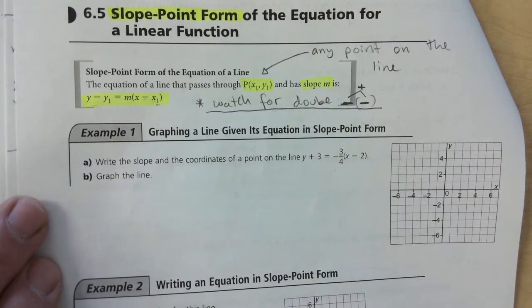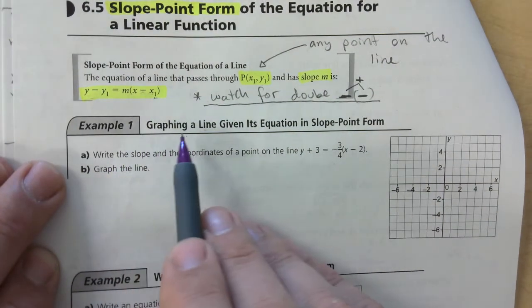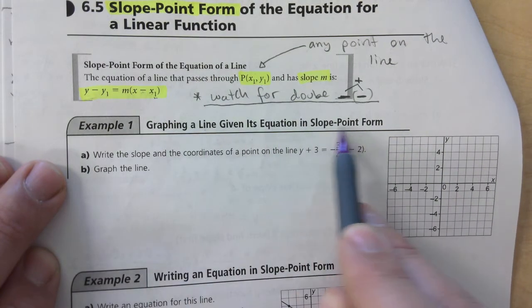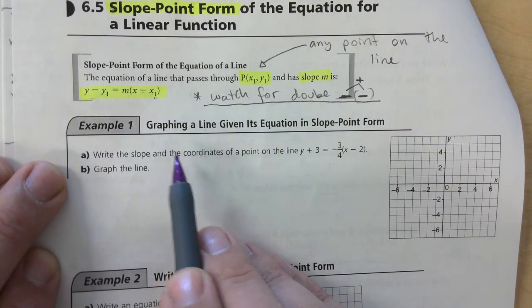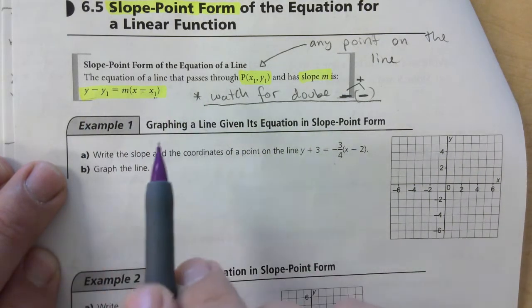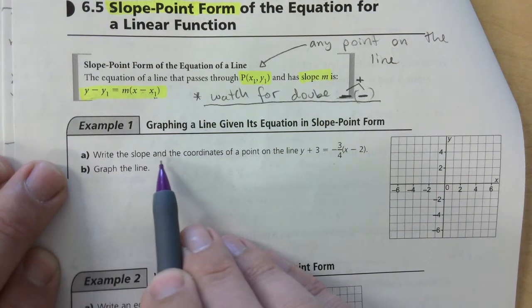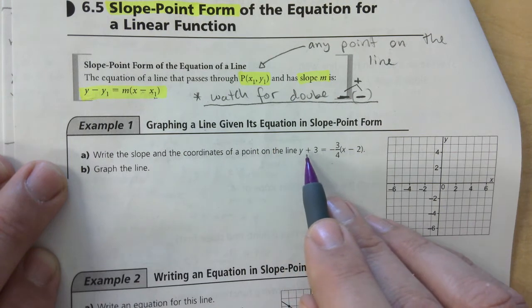Okay, so let's do some examples here to get you familiarized with this. Graphing a line given its equation in slope-point form. You should recognize this form by looking at it. Write the slope and the coordinates of a point on the line.